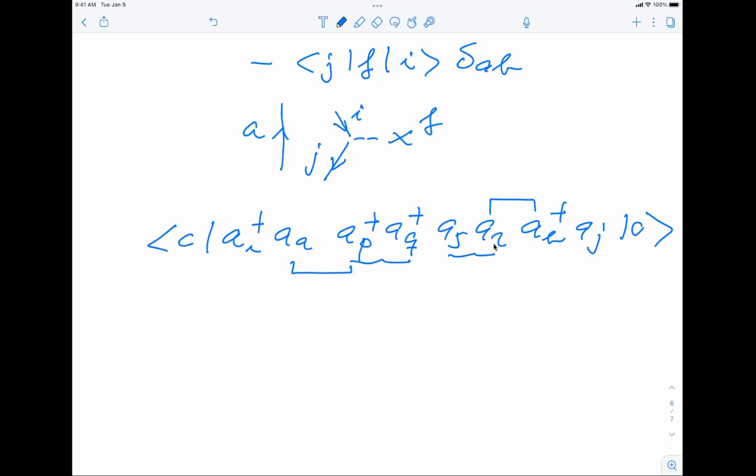But what you see now is that I cannot link AI with Q, which is now left alone. I could link AI with this one. That's fully possible.